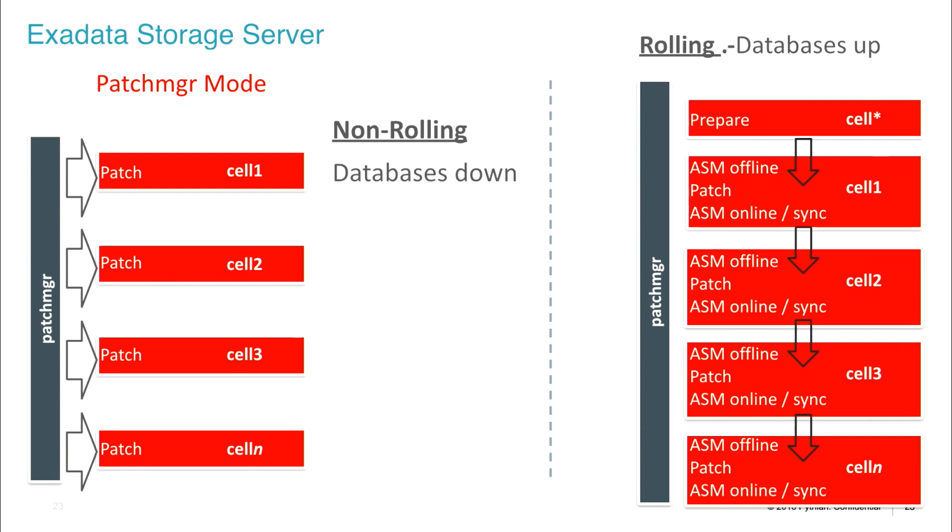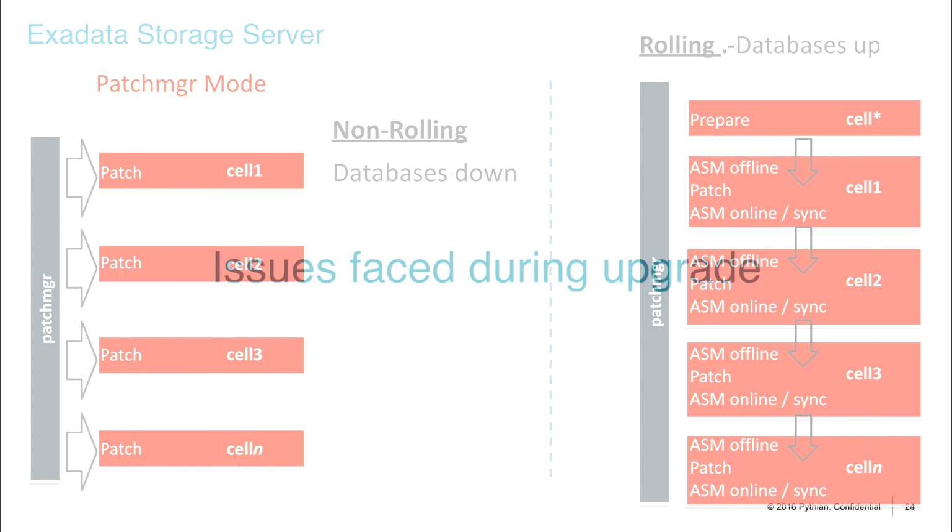So it's something to always take into account: what impact can it have? It might be data loss, it might be the service level agreement. That goes into the decision of whether you patch in non-rolling or rolling mode.